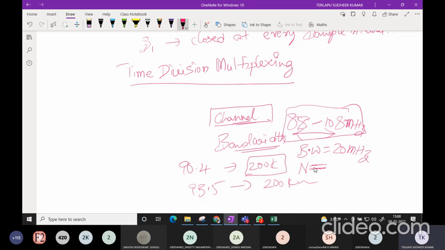You can use pen and paper, of course, your mind also. One radio station requires 200 kilohertz, and the total bandwidth is 20 megahertz, from 88 to 108. How many radio stations can be set up within the band of 88 to 108?